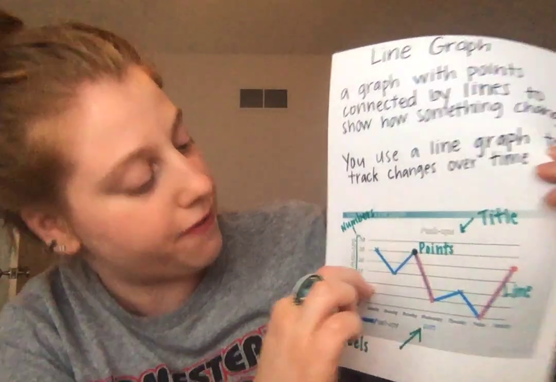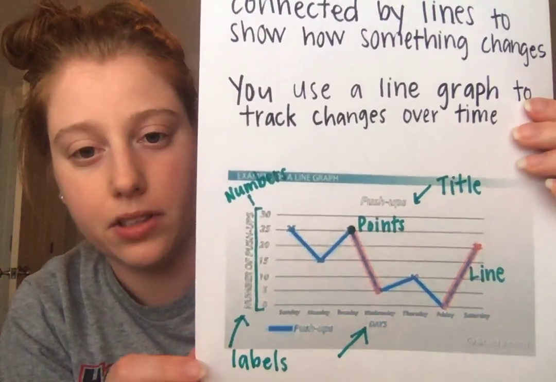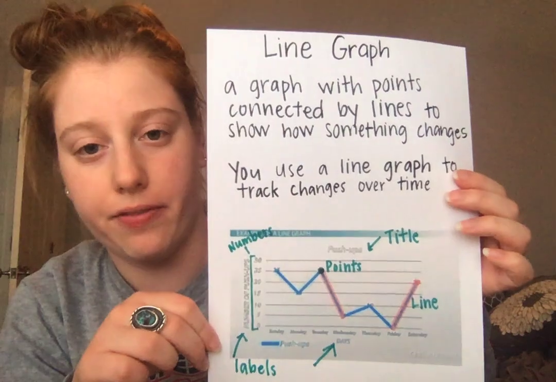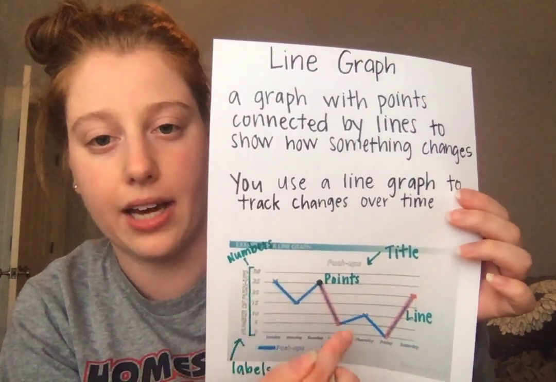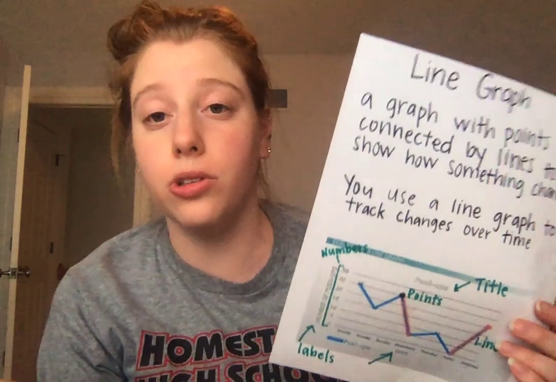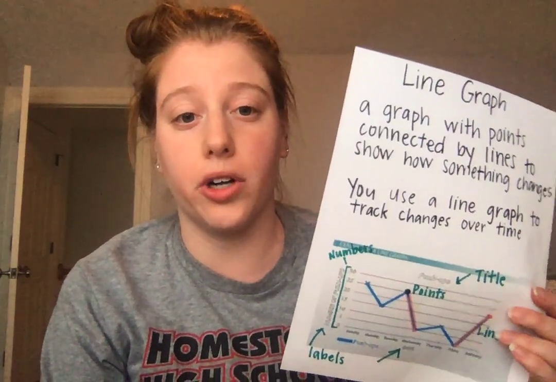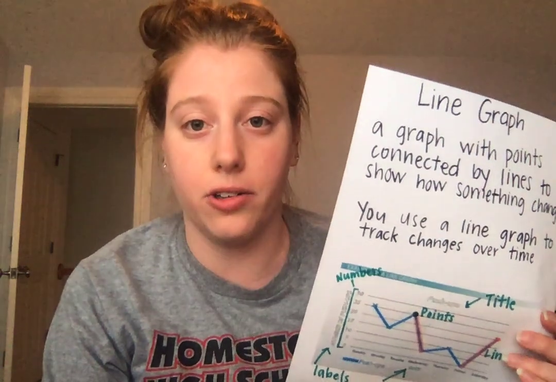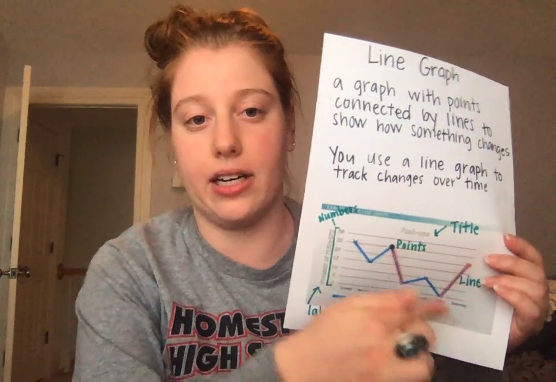And it looks like 5 push-ups were done on Wednesday. So this is a line graph. It connects its points with lines. You would use the line graph to track changes over time. So you could use a line graph to track growth in a plant, or to track how much rain we get each month. And you would put your points for each day and then connect it with the line.